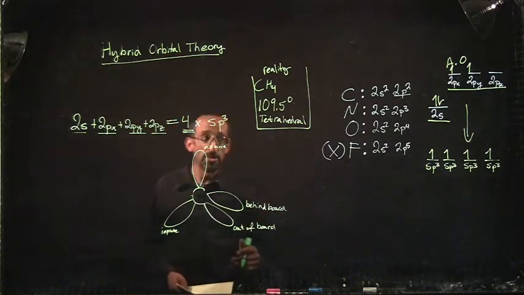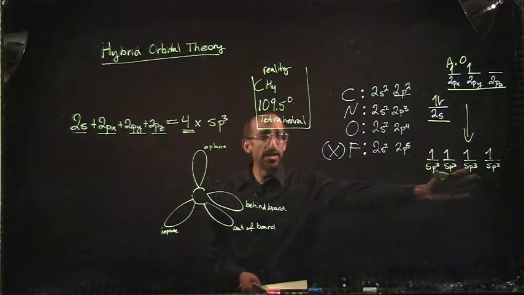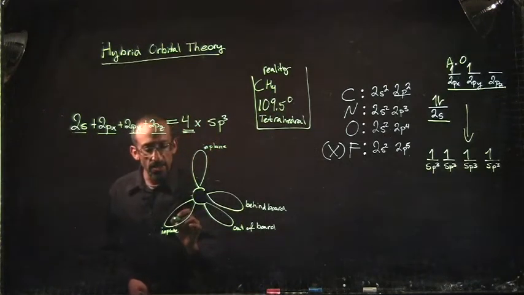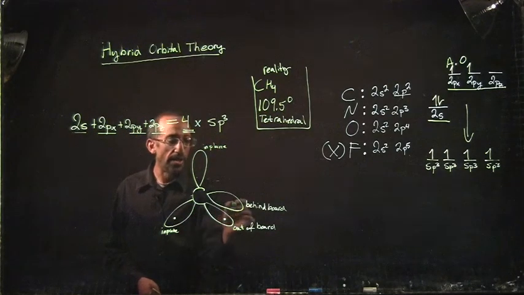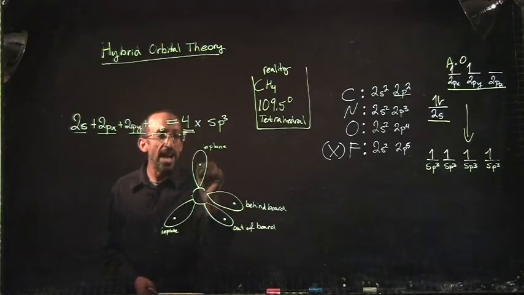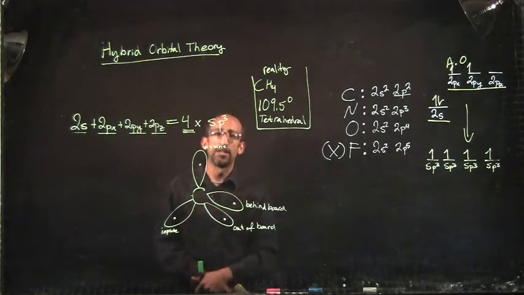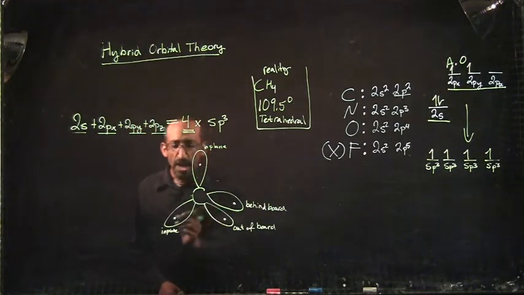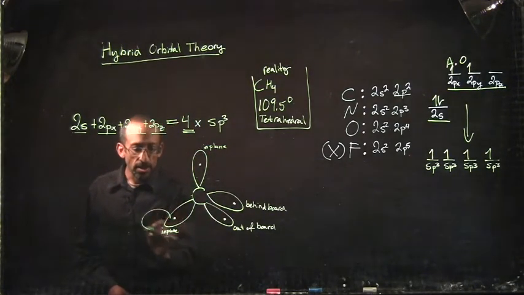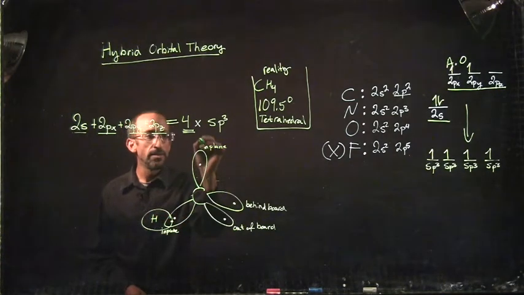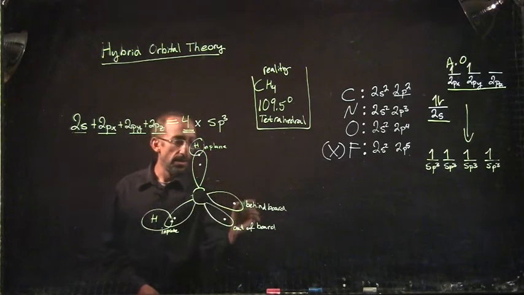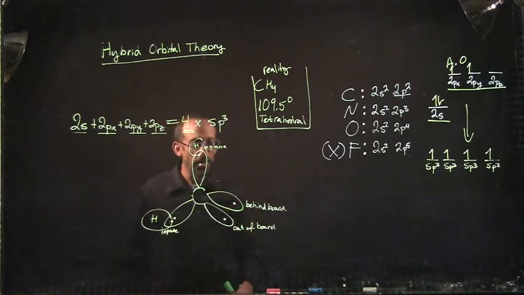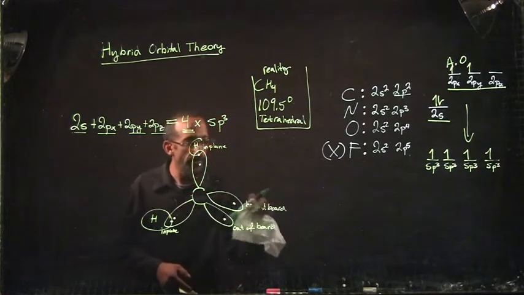This gives us a tetrahedral geometry. If we look at our electron diagram, we know that each of these orbitals has 1 electron in it. And so now we have 4 unpaired electrons, 1 in each unique orbital around this carbon atom, and we can attach a hydrogen atom at each of these 4 points.